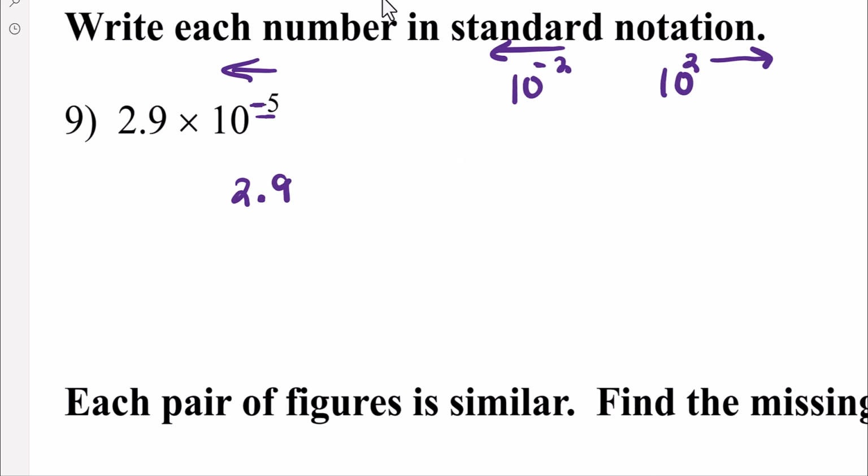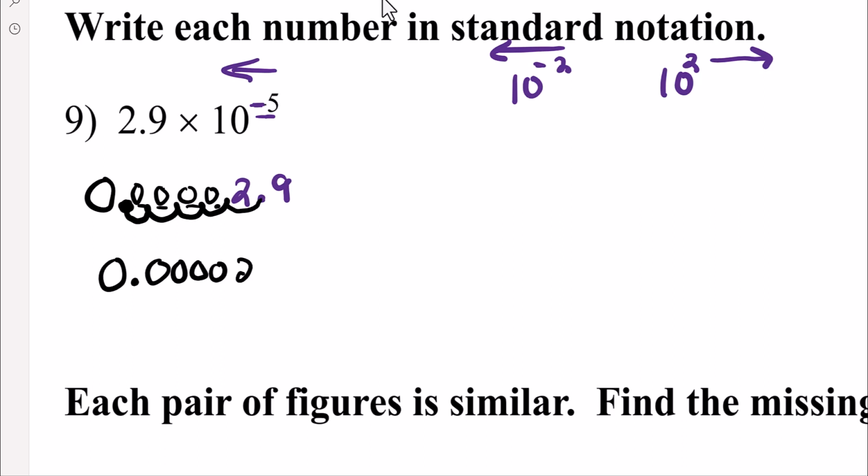All right, we're going to go 5 places. 1, 2, 3, 4, 5. Put the decimal and then put the lead 0. And in each of those empty spaces, so now what we have, I'm going to rewrite it. We have 1, 2, 3, 4 zeros, and then 29. Just like that.